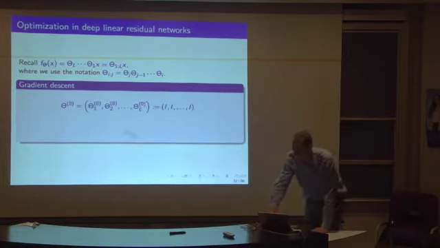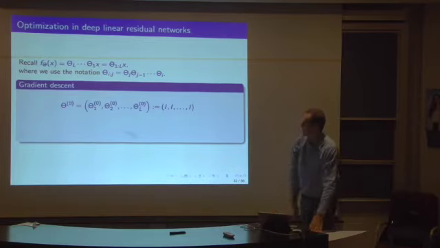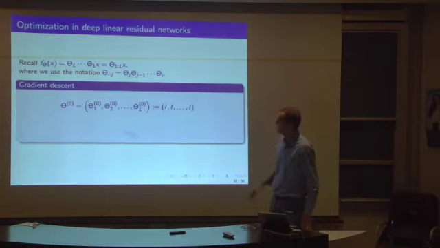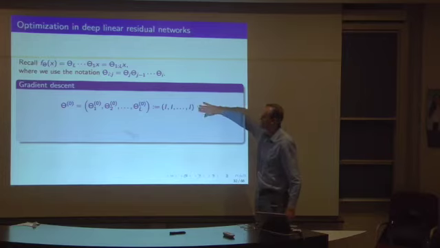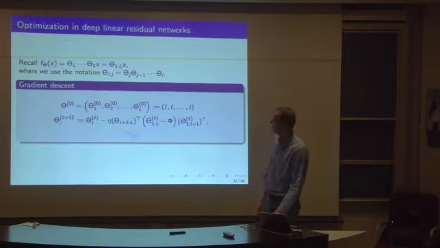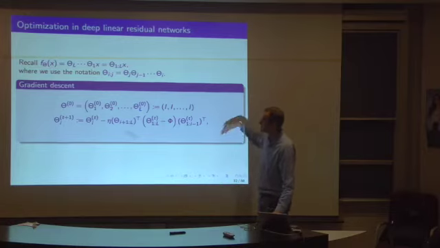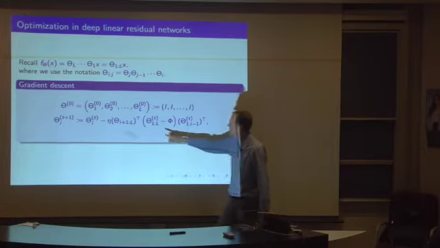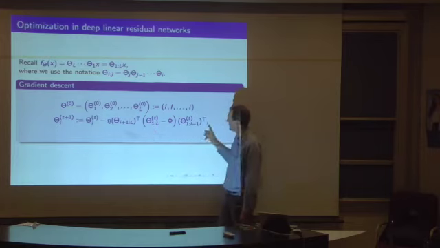And then you can do a simple computation to see what gradient descent would be. We're starting off at the identity and then doing gradient descent, updating each Θ_i in the direction of the negative gradient, and you can do the calculation.